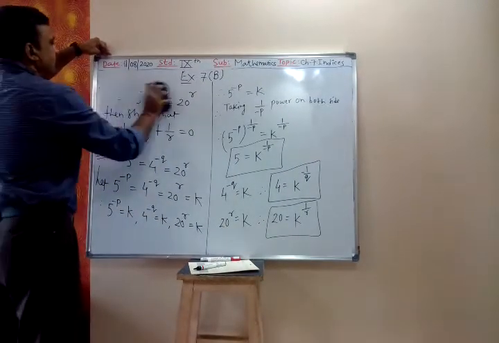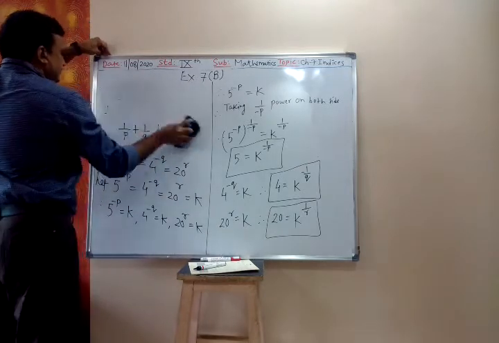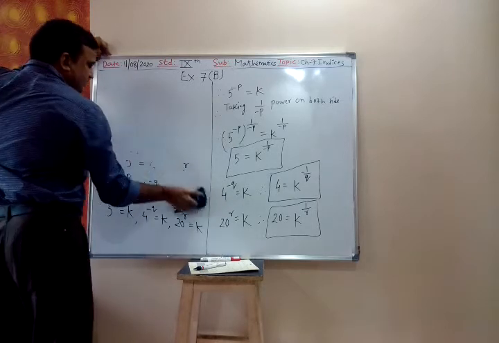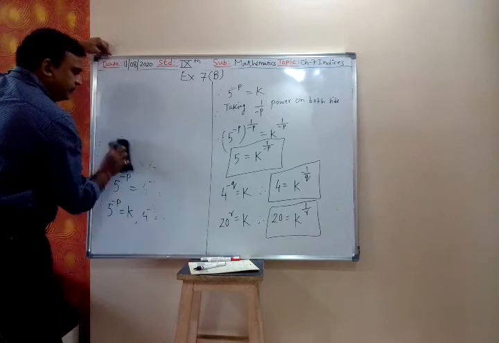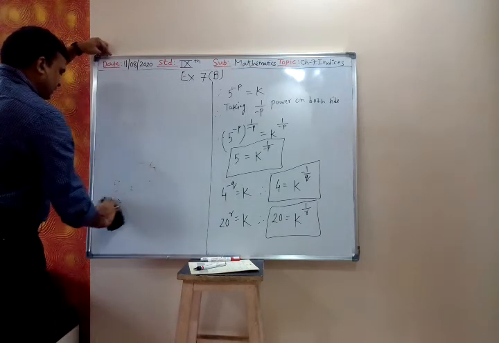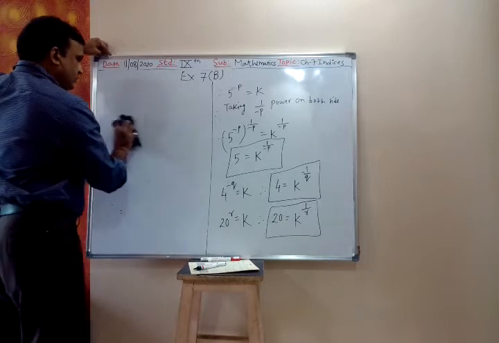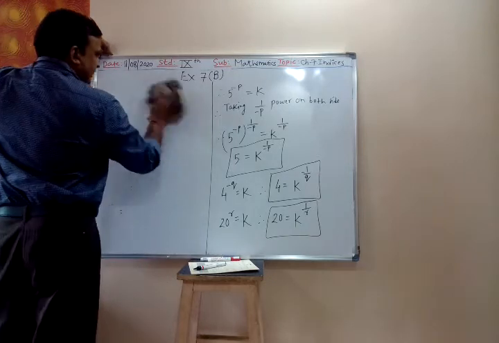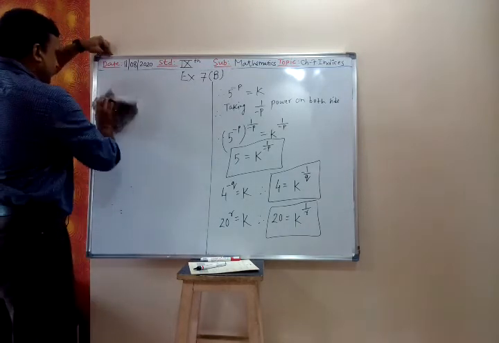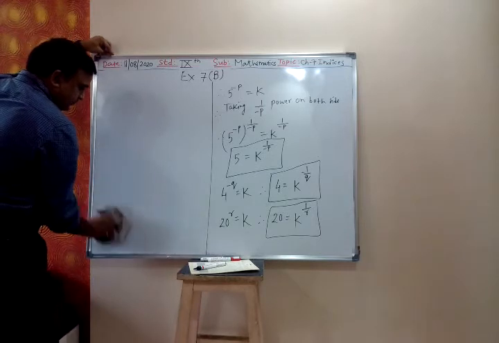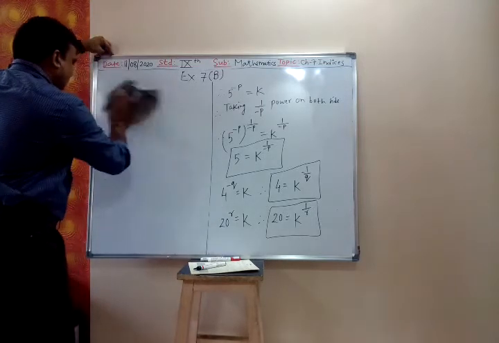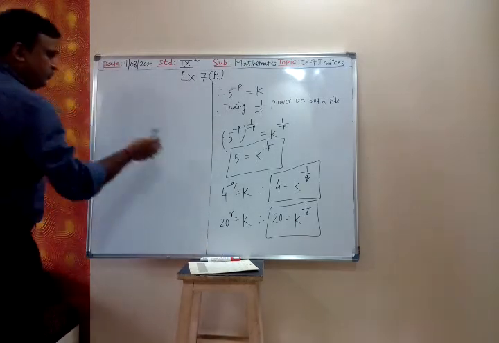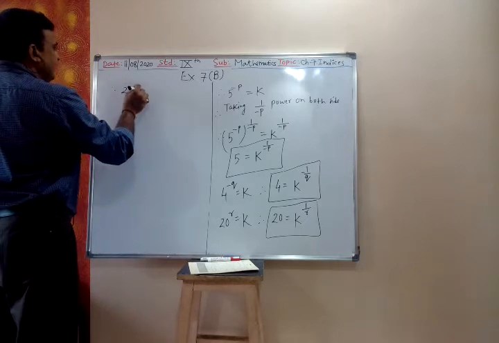We can write 20 as 5 into 4 and solve that.